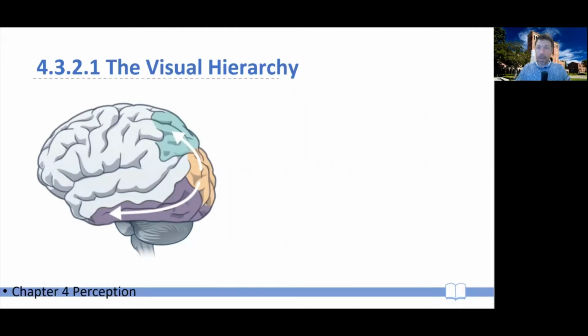Now here is a depiction of the lateral view of the brain. If you're not familiar with views of the brain, here you're looking at the left surface of the brain. The front of the brain would be here where my mouse is, and the back of the brain is back here where my mouse is right now.